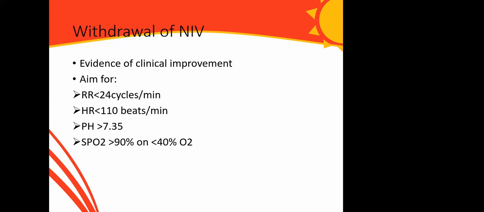If you can get these parameters consistently for 4 hours at a stretch, you may want to withdraw your non-invasive therapy. That shows, hooray, you have succeeded in helping this patient.